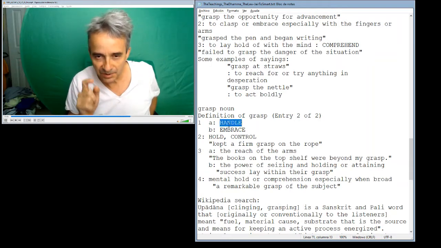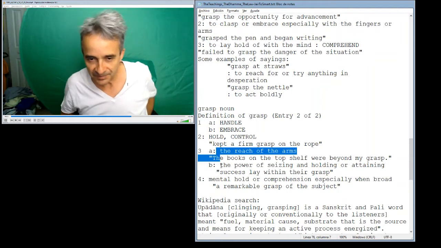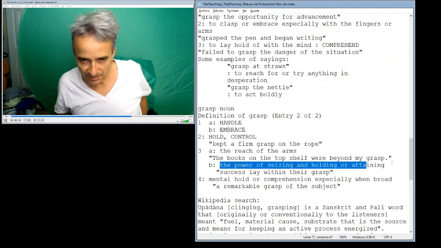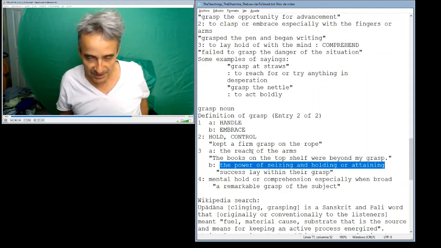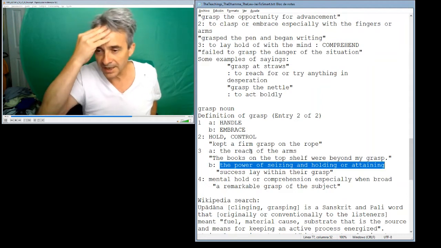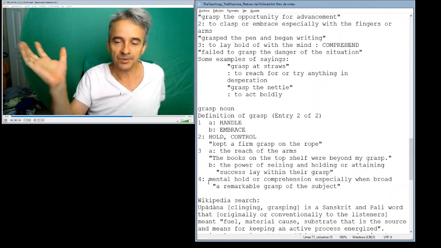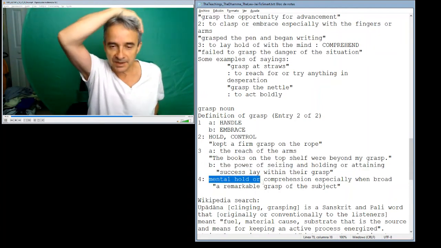Then number 2 is hold or control, keep a firm grasp on the rope. Number 3A is the reach of the arms, and 3B is the power of seizing or holding or attaining. Maybe that's what we're striving for. But then number 4 is the mental hold or comprehension, especially when broad. He had a remarkable grasp of the subject.